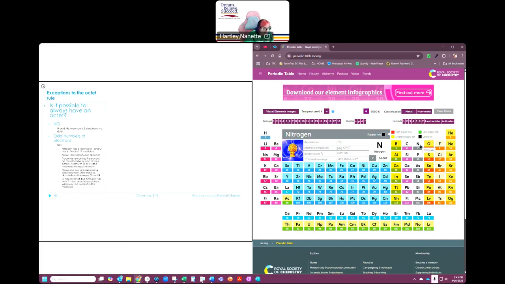Nitrogen often is a violation of the octet rule, and that's because it has 5 valence electrons, so it's an odd number. We often end up with situations where it cannot get to 8. So that's a situation where we often get a problem, right? NO, because of that, it has only 11 available electrons, and that gives us a problem.